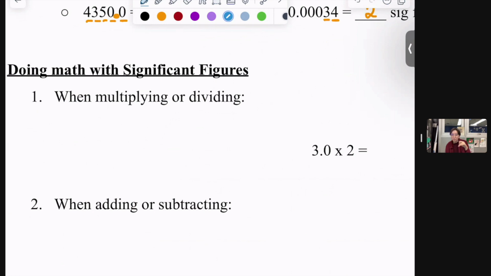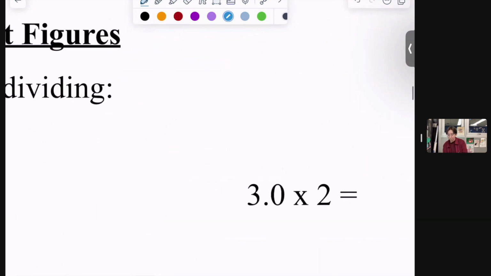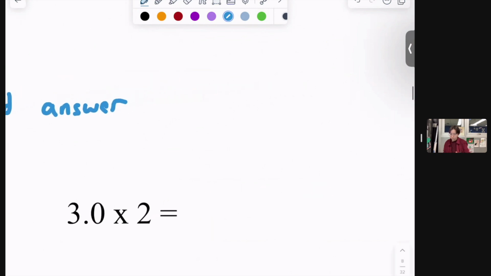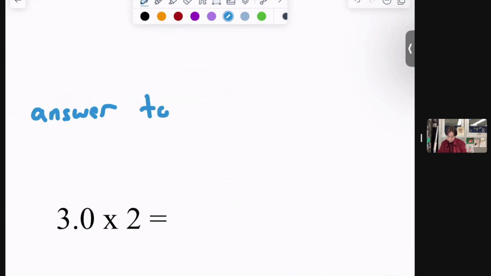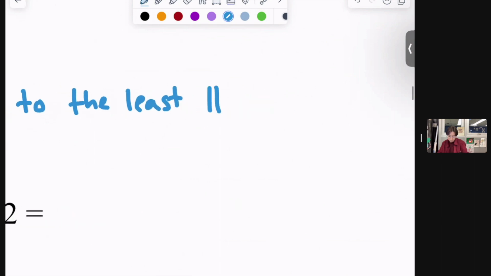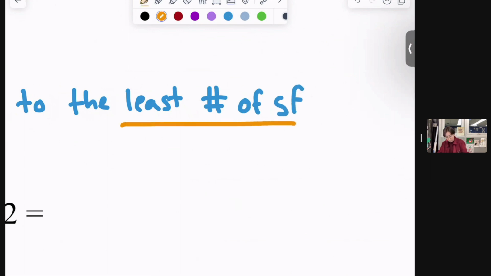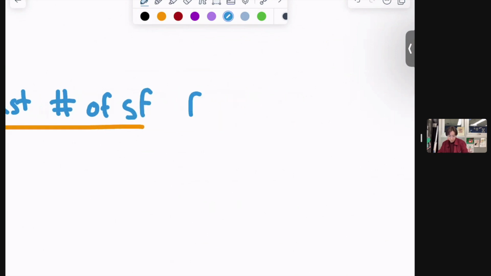If you are multiplying or dividing, you round your answer to the least number of sig figs from a starting number.